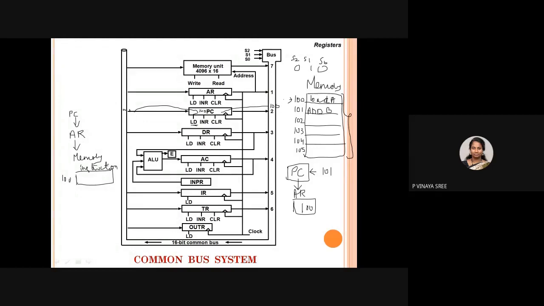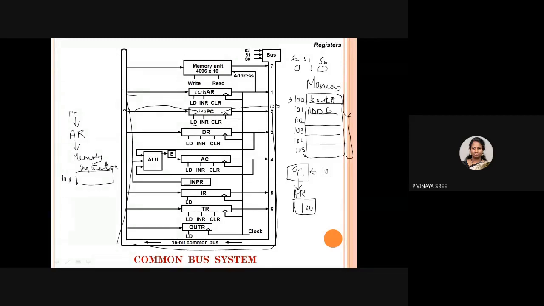For that, the selection line is showing 010, which indicates the contents of the program counter can be placed on the common bus. Next, with the help of this common bus, it comes here, and here we have the load pin as high. Once this is high, whatever we have on the common bus, 100, placed by the program counter register, will be placed in the address register.